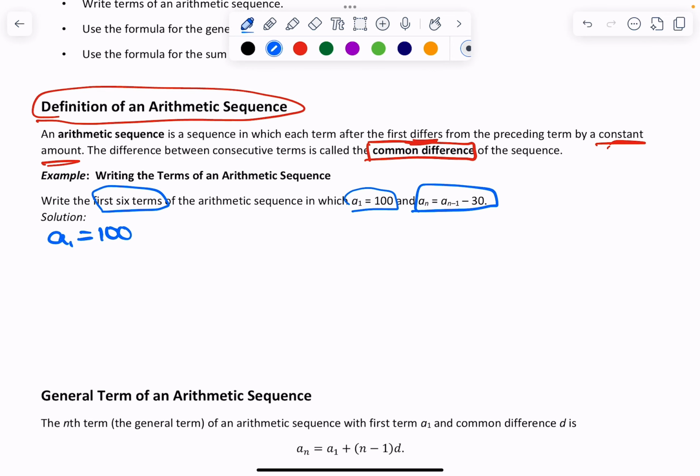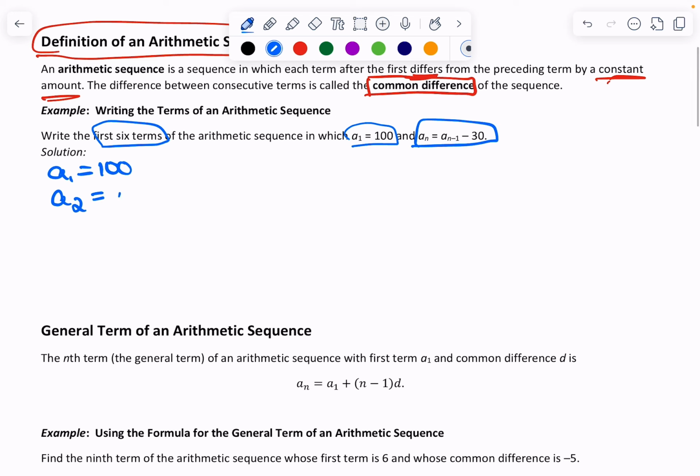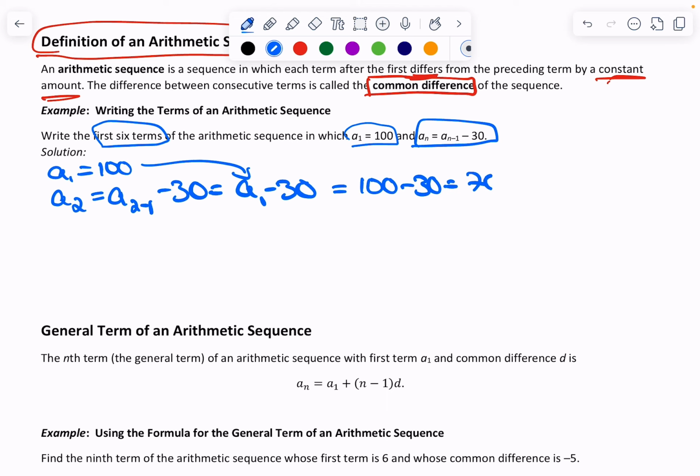So our second term, this is a recursion, is going to be a sub 2 equals a sub 1 minus 30. Well, that means the previous term minus 30, and we know that our first term is 100. So it's going to be 100 minus 30, which is 70.